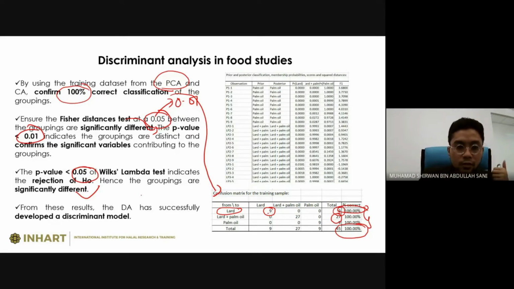So the Wilks' lambda test shall show you less than 0.05 or 0.01, depending on your selection of significance level. Okay, so from this result, the DA has successfully developed a discriminant model. So this is the basic principle of a discriminant model.